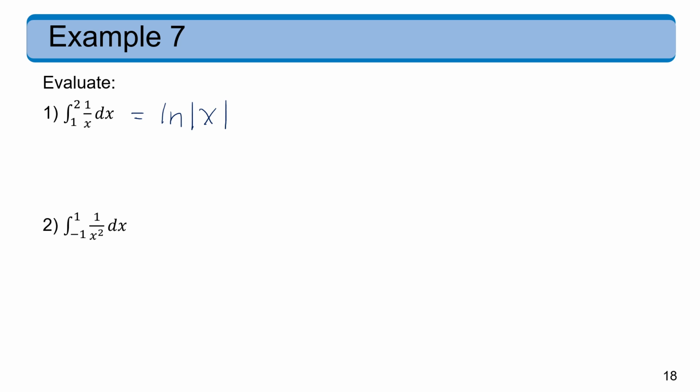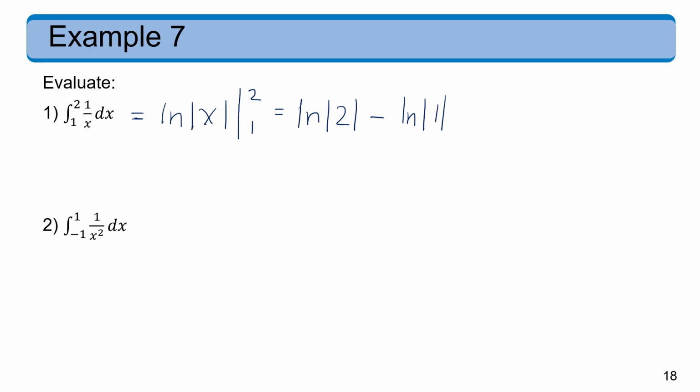Then once we write our antiderivative function, we use our vertical bar notation and put the endpoints on it. That notation tells us first plug in the top number, so natural log absolute value of 2. Then you subtract, plug in the bottom number, natural log absolute value of 1.